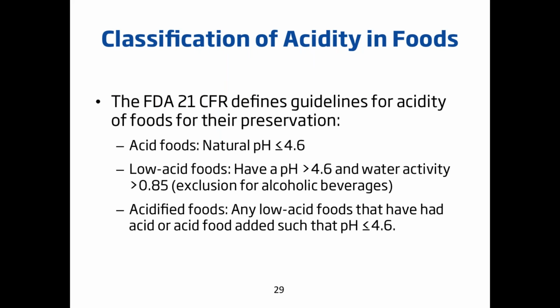pH is really important in terms of complying with the federal regulation CFR 21. We saw a chart that Trevor shared earlier where it showed different bacteria, their optimum pH ranges and optimum temperature ranges for growth. And we found, or scientists have found, that bacterial growth is inhibited below pH 4.6.